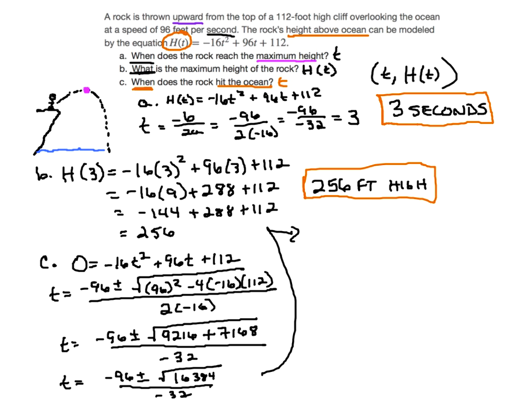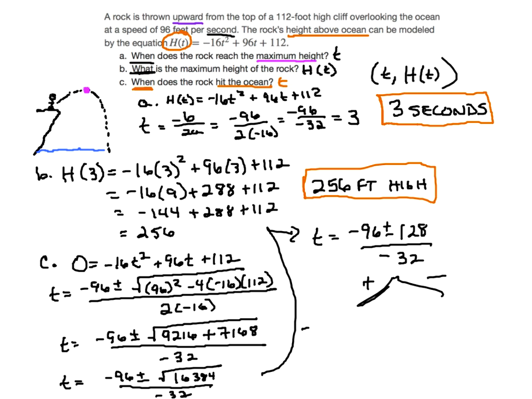I'm going to come up over here to finish this one. t equals negative 96 plus or minus the square root of 16384. Let me see if that's a perfect square. Oh, it is, awesome: 128, over negative 32.